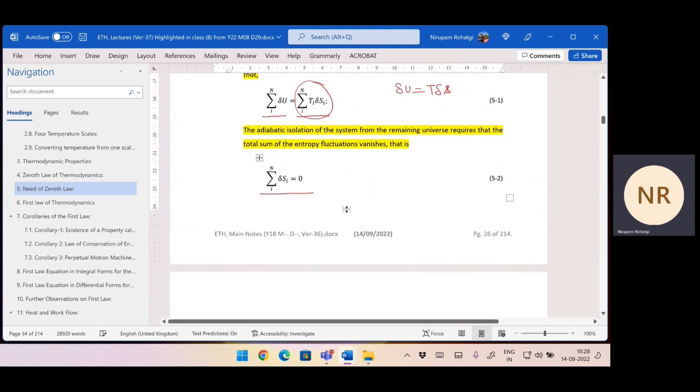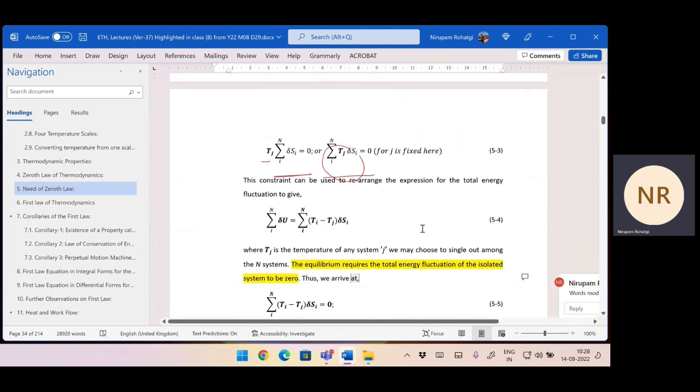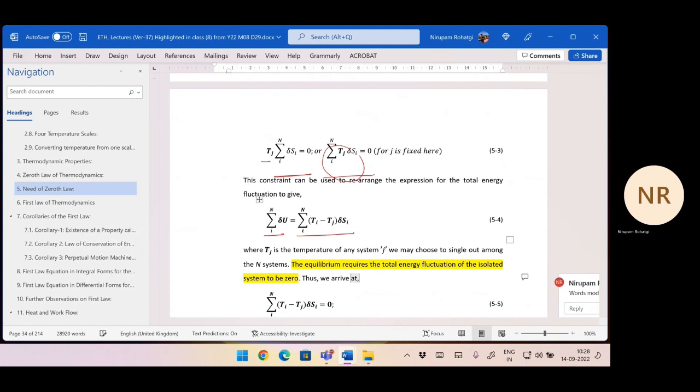So you are subtracting basically zero. So what you should get, sigma of del U should be equal to sigma of (Ti minus Tj) into del Si. Now this Tj is same, it remains fixed during this summation. Ti is the temperature of each body.